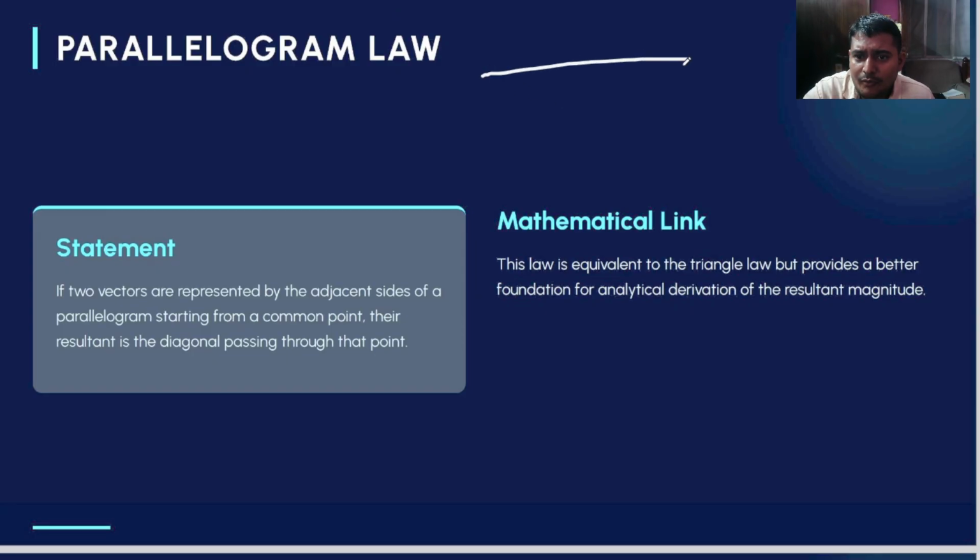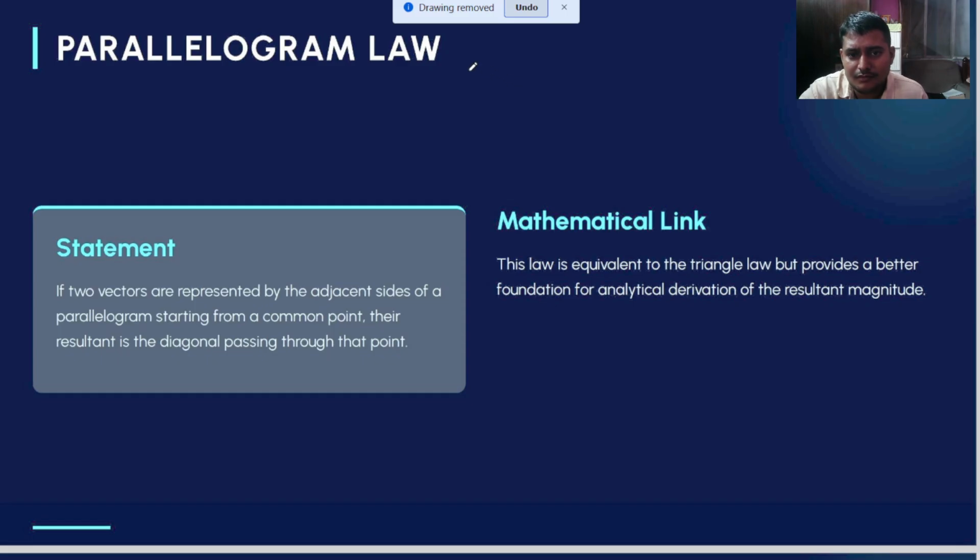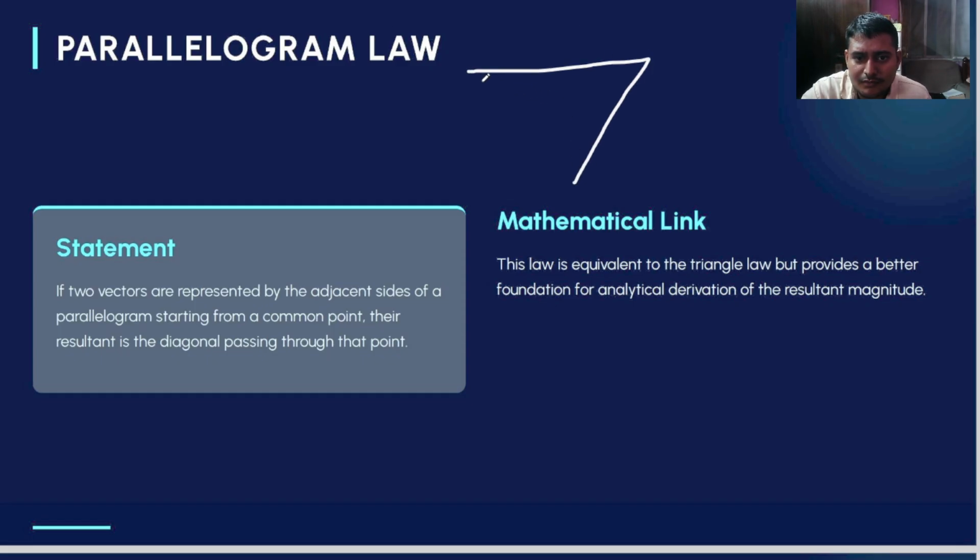If I draw it more clearly, you can understand it much better. This side is the resultant and these are the directions of the two vectors.